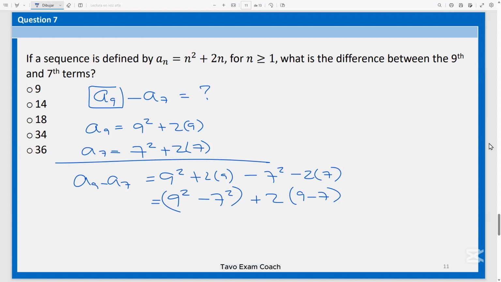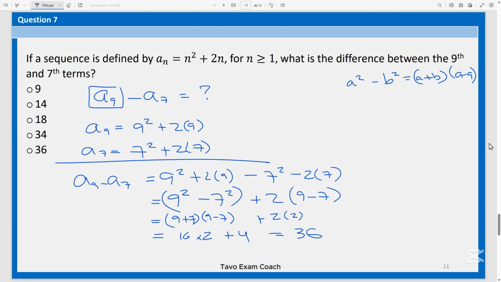We don't really need to calculate the squares. We can simply use the identity that the square of a minus the square of b is a plus b times a minus b. So this is 9 plus 7 times 9 minus 7. And this is 2 times 2. While this is 16 times 2 plus 4. So 32 plus 4, 36. The answer is the last choice.